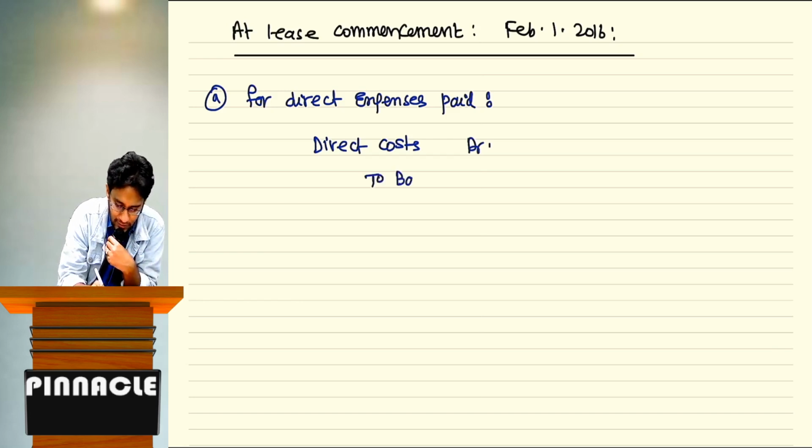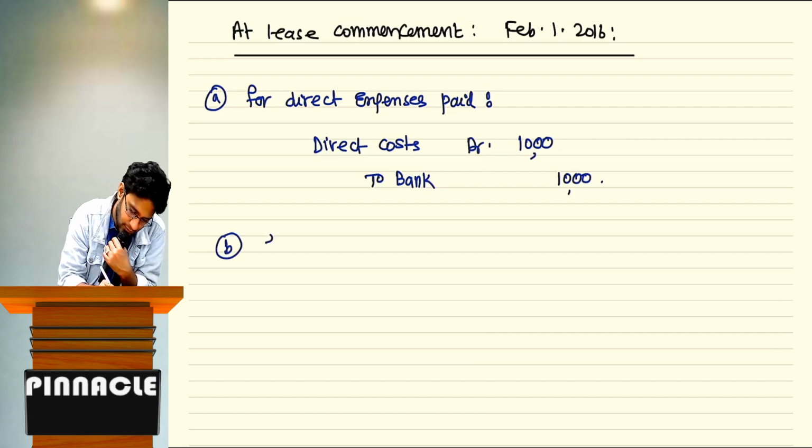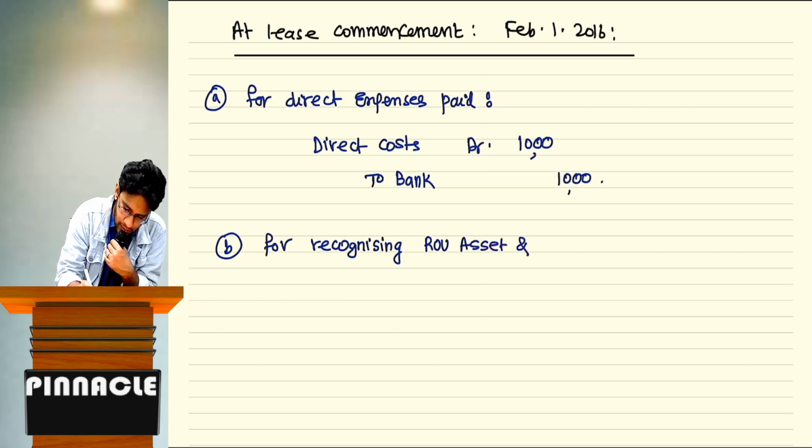Just write direct costs account debit to bank, 1,000, for recognizing ROU asset and lease liability.